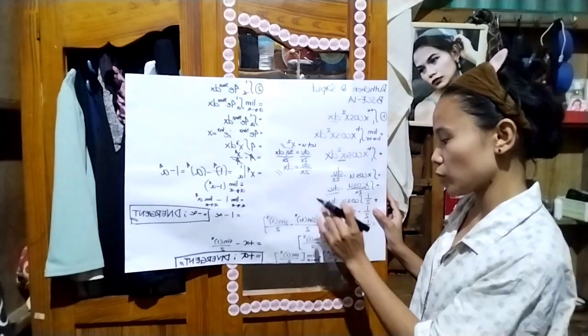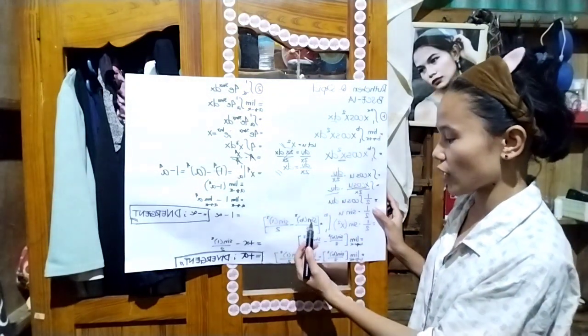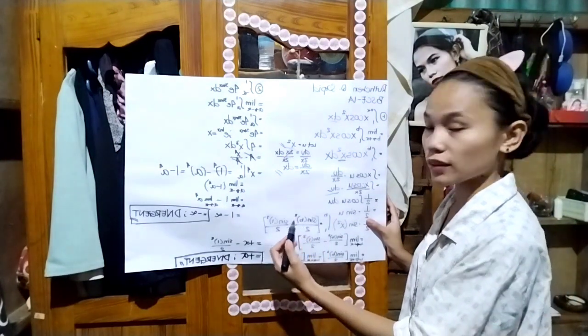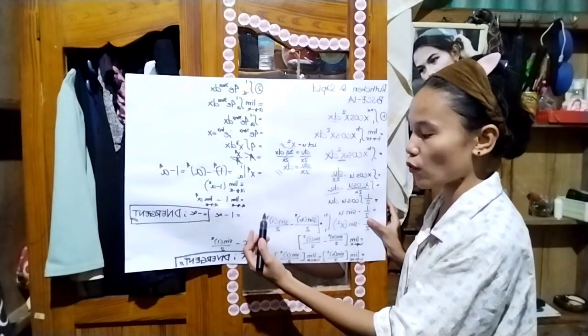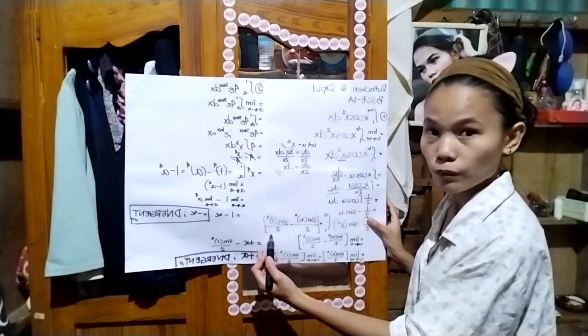So we substitute. After substituting, it becomes sine b quantity squared over 2 minus sine 1 quantity squared over 2.